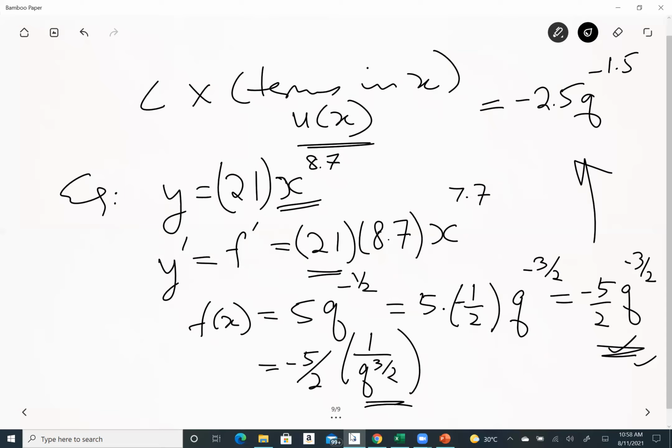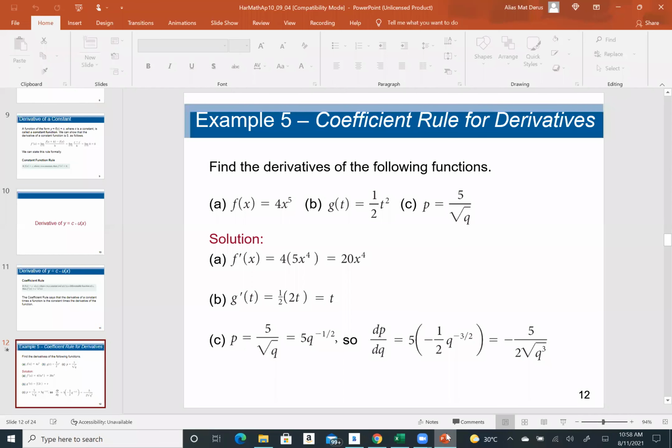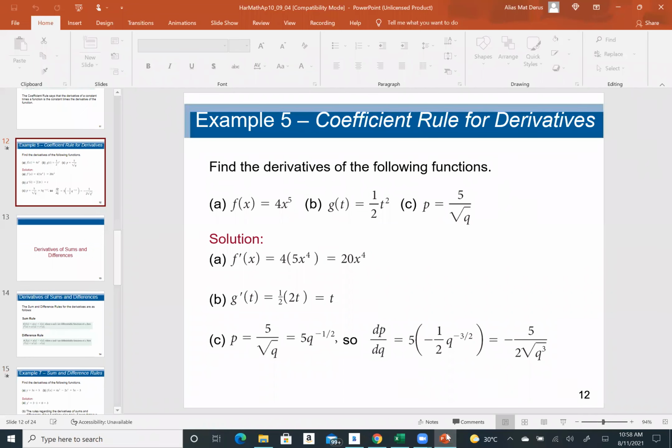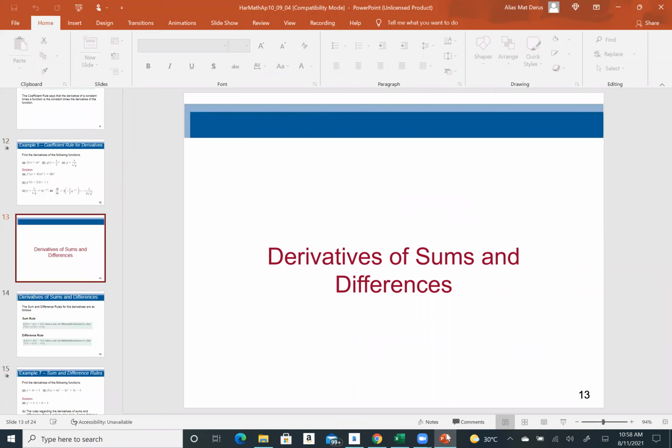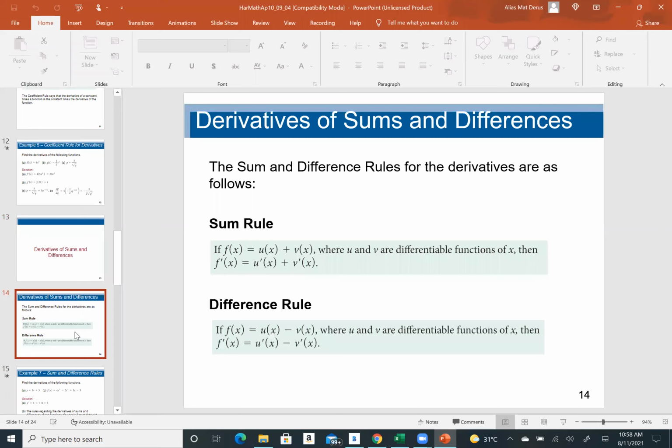Okay, rule number 4. In this part here, I think we have a few rules. We just go through a few of them, I mean all of them. Next rule is the derivative of the sum and difference. So in short, I have the sum rule, difference rule. Okay, all right.